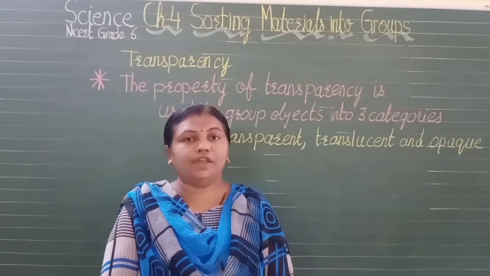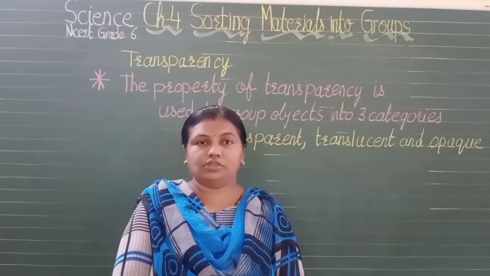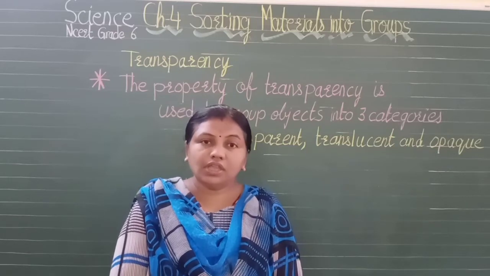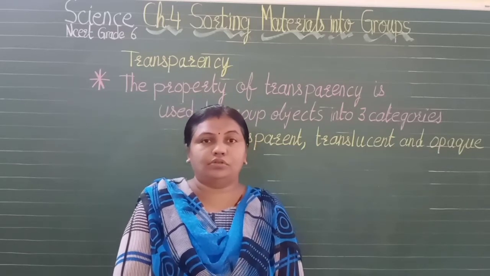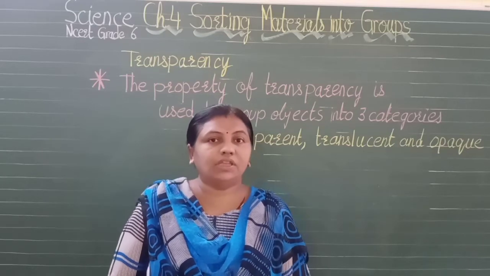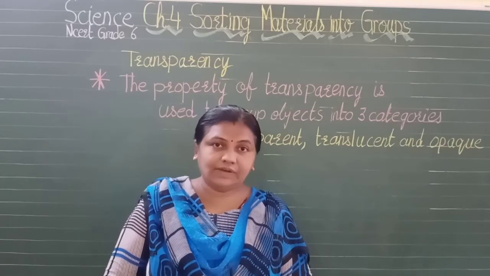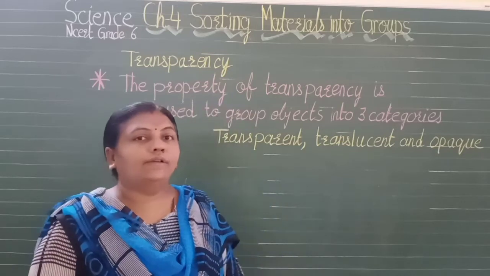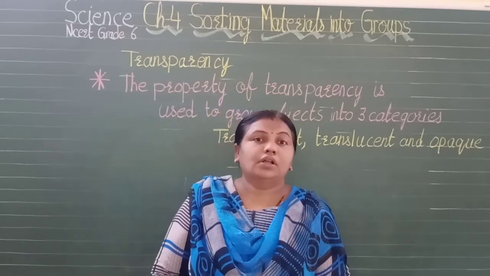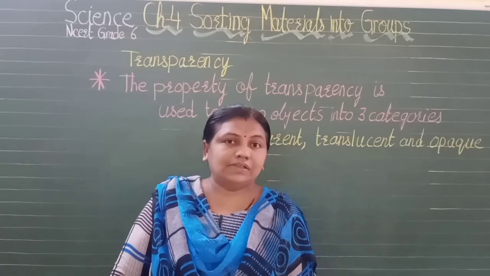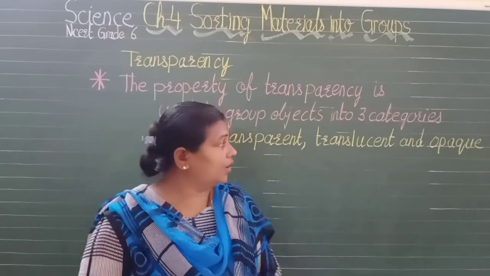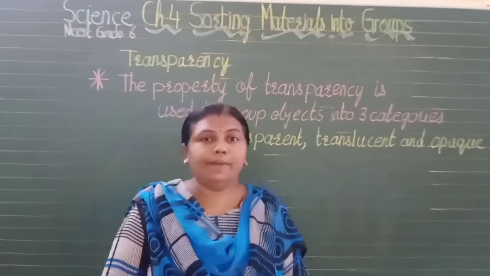Now you know very well that our doors are made up of opaque material. So what is happening outside or what is happening inside cannot be seen, isn't it? Okay, your doors, vessels, metals come under the category of opaque, even paper.